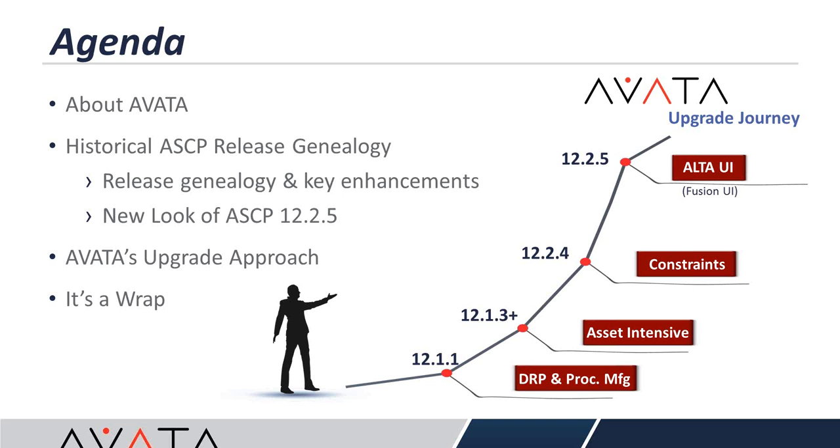And then we will be looking at ASCP 12.2.5. In our opinion, the step change in the user experience that's been made here with 12.2.5 is probably the most significant single improvement to a user interface that we've seen in this Oracle supply chain planning products ever. So we look forward to that, and we'll wrap up with a bit on our upgrade approach and how we look at these things.